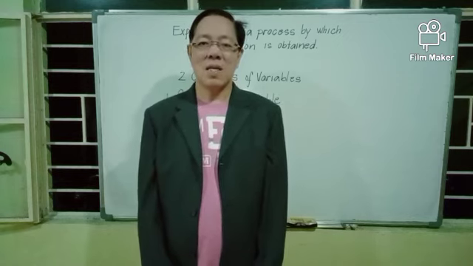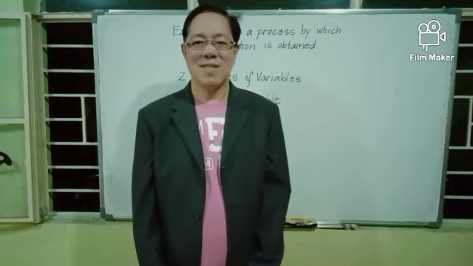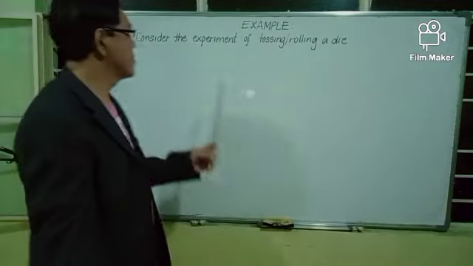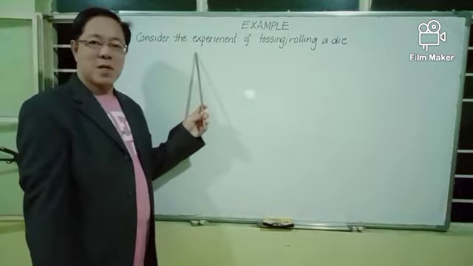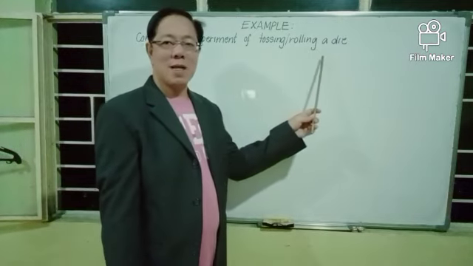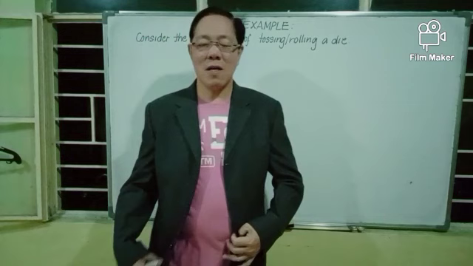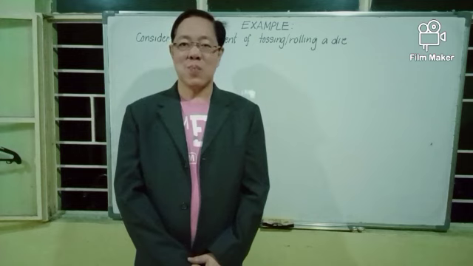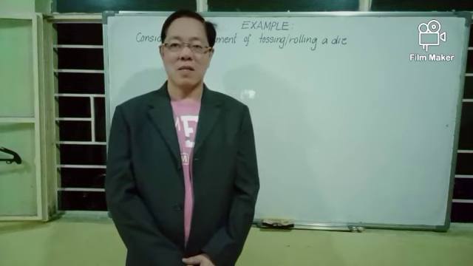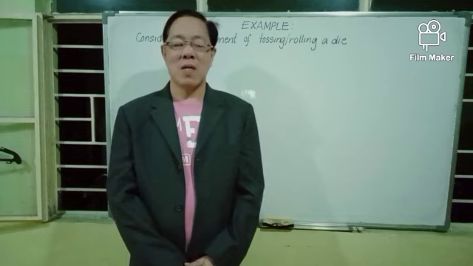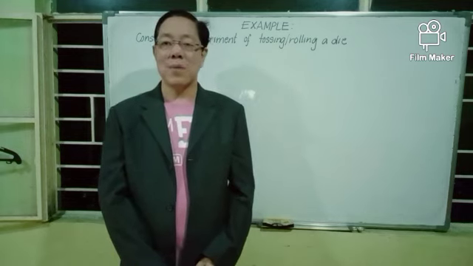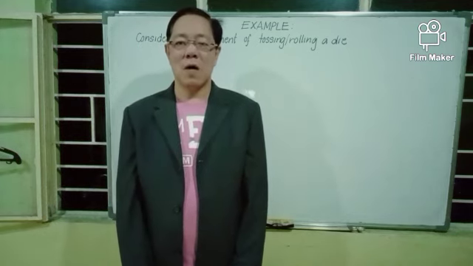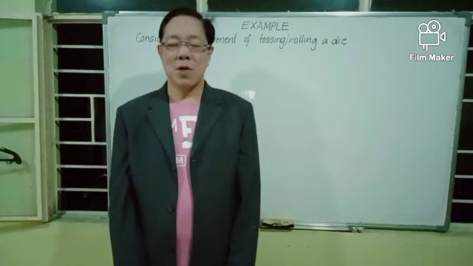We take a specific example. Consider the following experiment. Consider the experiment of tossing, rolling a die. A die, as you may know, is a cube with 6 faces, and in each face there is a number of dots. And in this experiment, we are interested in the number of dots that appear on the upper face of the die after we toss or roll the die.